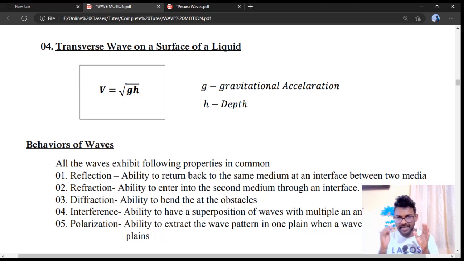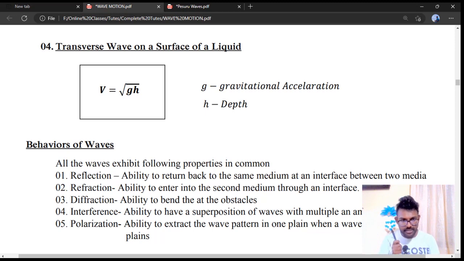Yes, light is also a type of wave, an electromagnetic wave. Then we can classify it as sound or light. Not only sound and light, all waves show these types of properties. So if a certain physical parameter shows these properties, we can classify it as a wave.